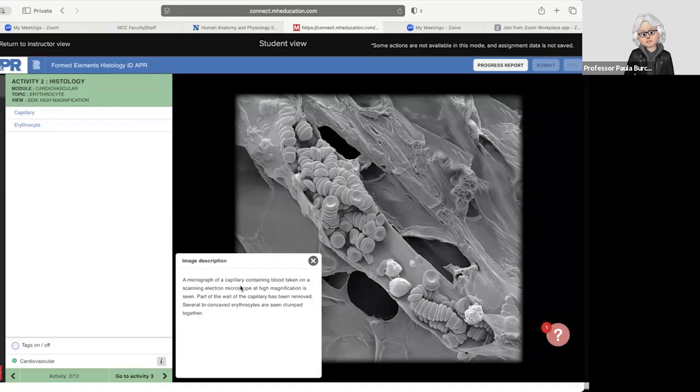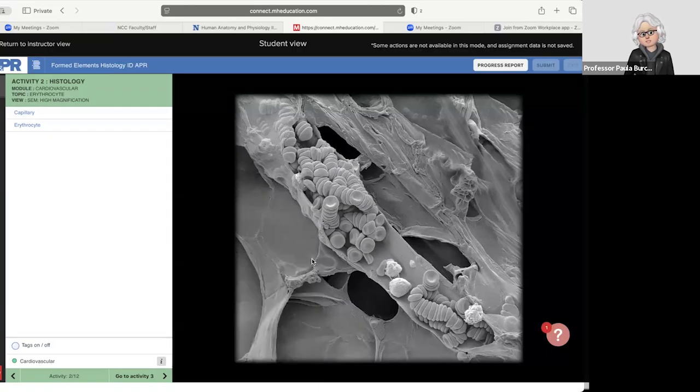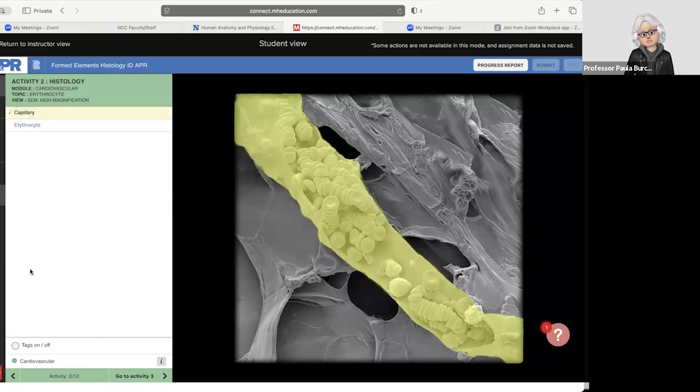It's going to tell me that it's a capillary. And inside the capillary are all of these erythrocytes. So you can see how they're caved in there. So biconcave disc, and remember, they're transporting respiratory gases, oxygen to your tissues, carbon dioxide to your lungs. So let me highlight the capillary.